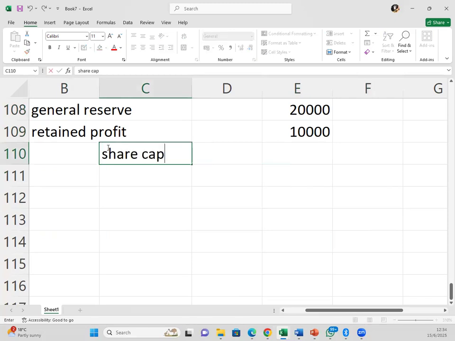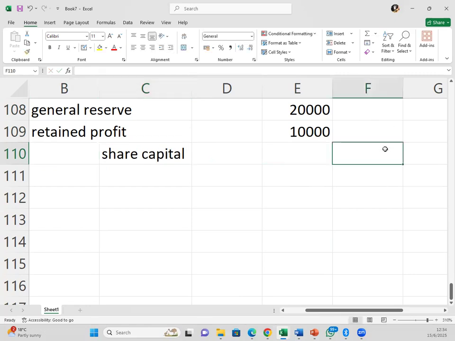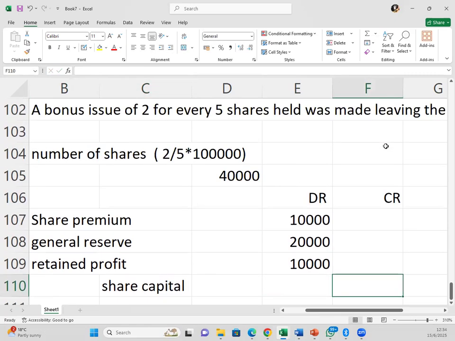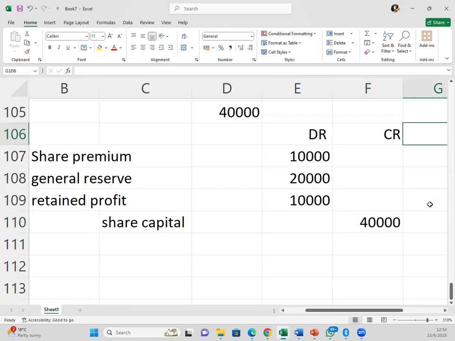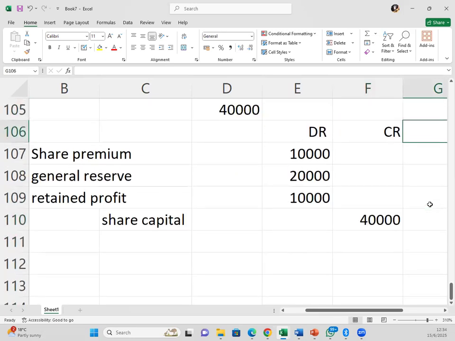Then you credit your share capital, with the amount of shares you have made for bonus issue. What if the shares were not of a dollar?